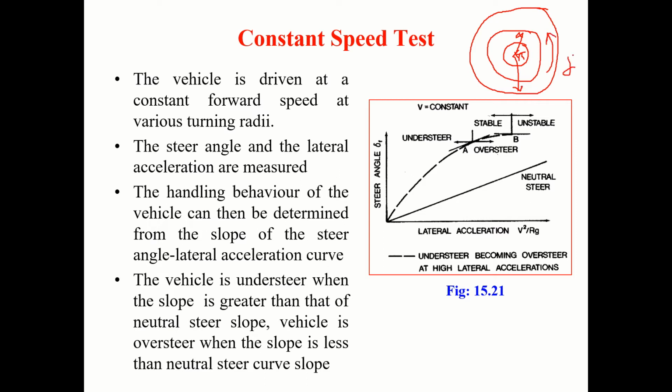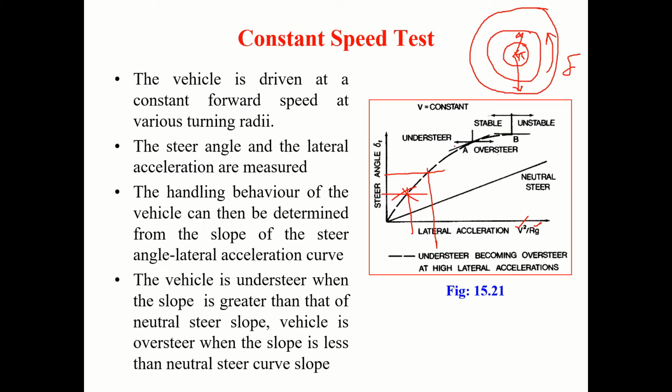So delta will also change. So velocity you can choose maybe 30 kilometers or 40, 50 kilometers. V is known. R is known. And steer angle is known. Mark this point. Change R value. Again you will get another point. Join all of them. You will get the handling characteristic.